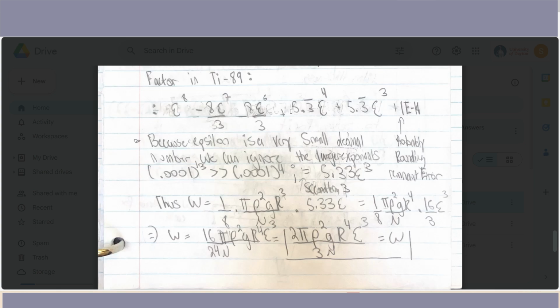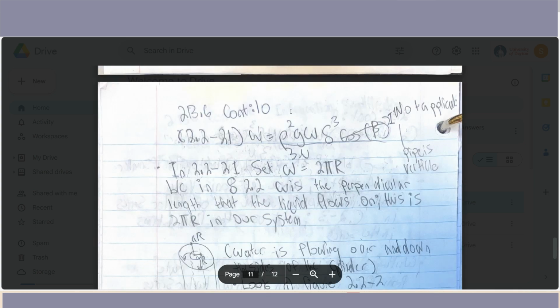Cosine B. Okay, so we can say cosine B equals 1. Set W equal to 2 pi r.